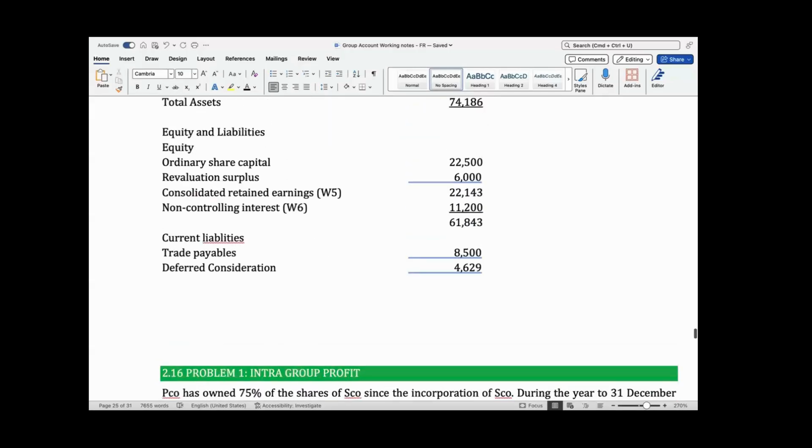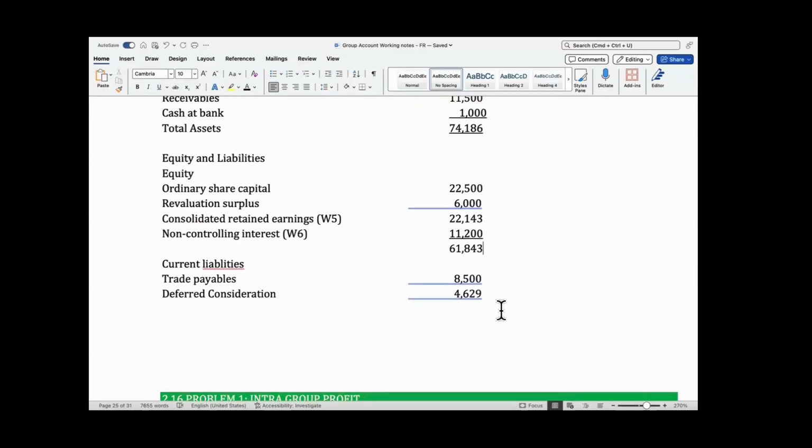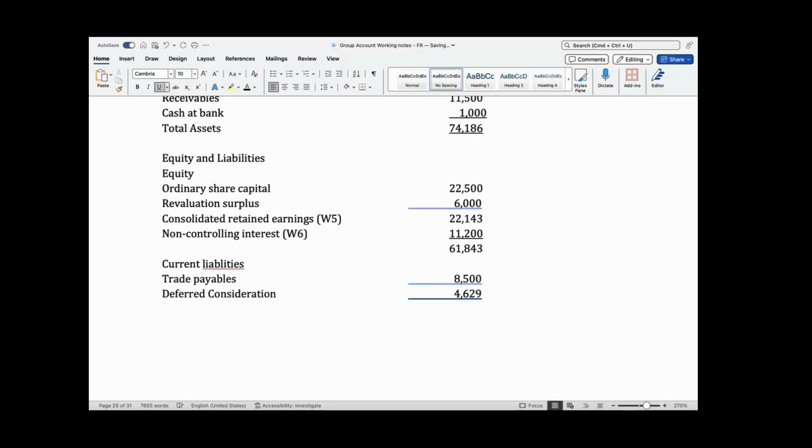Then that'll give us how much? 74,972. That was my total equity and liabilities. 74,972.